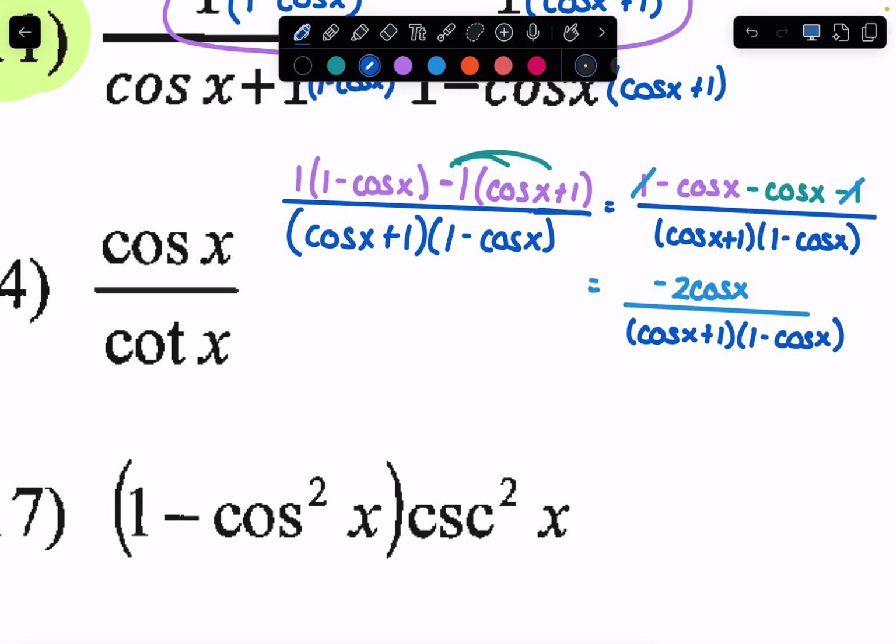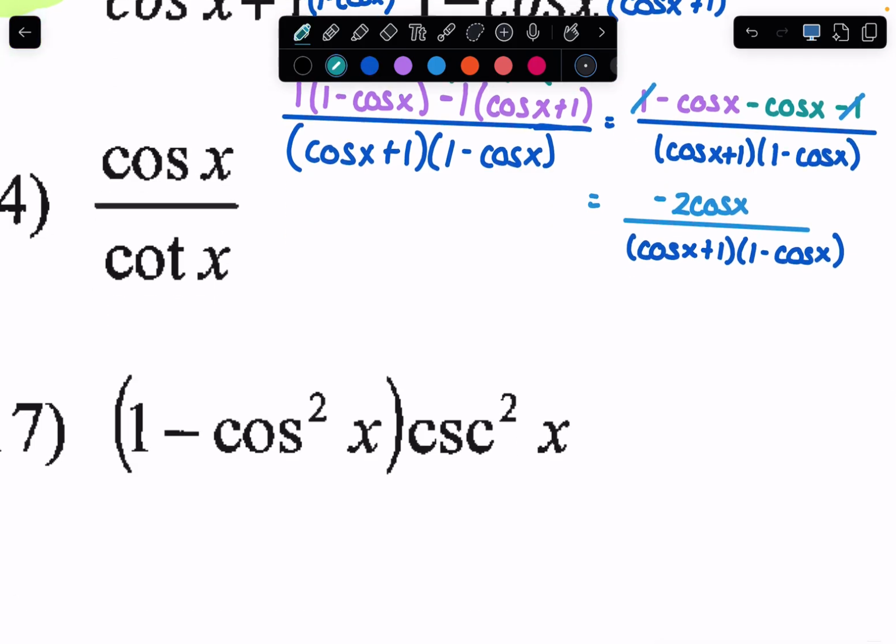What do you think I need to do to the bottom? Starts with an F. Foil. Mm-hmm. So we'll do first and get cosine x. We'll do outside and get minus cosine squared x.